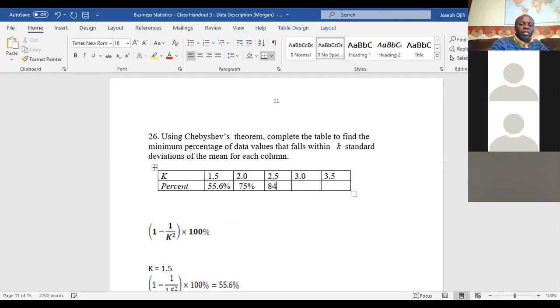Following the same process, I calculated the rest of them. I think I have them here.